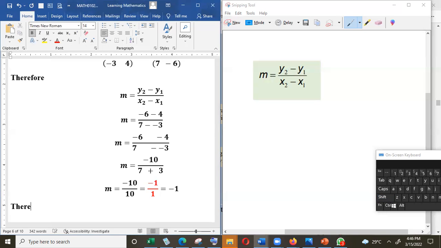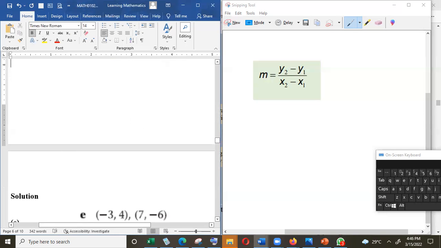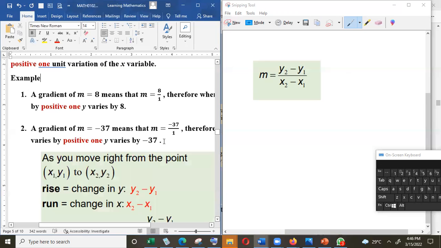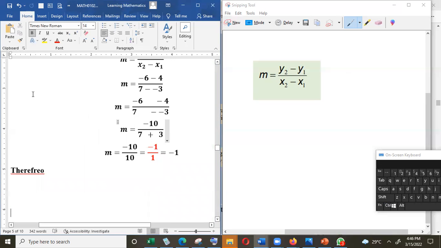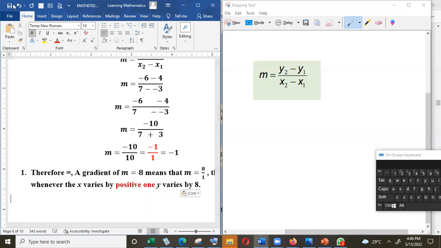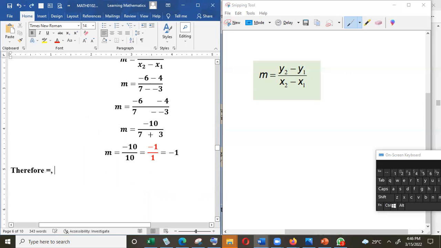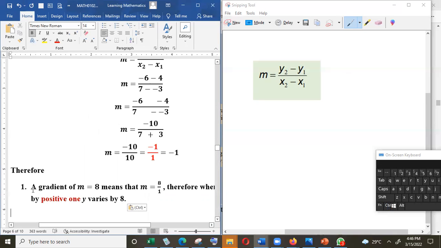Therefore, let's go up to the definition. Although the question did not say to interpret, always try to interpret your gradient. That's a very common practice for the future. We have a gradient of -1.